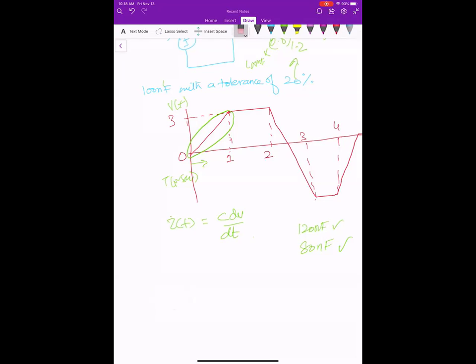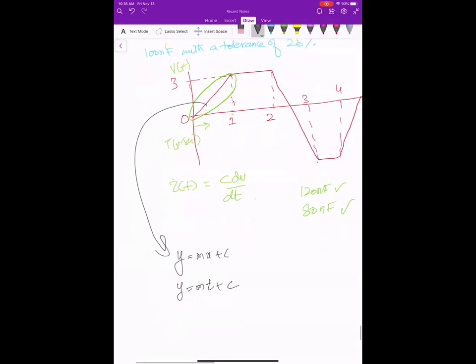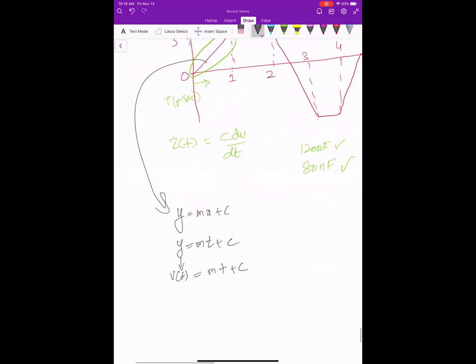Which is, in this case, y equals mx plus c, okay? Which is y equals mt plus c, because x is t, v of t, y is v of t, and this would be the formula. But what is m? M is y2 minus y1 over x2 minus x1.